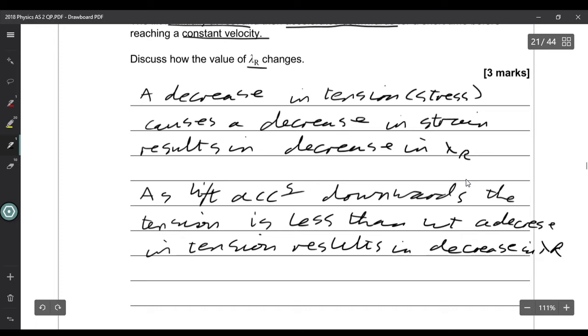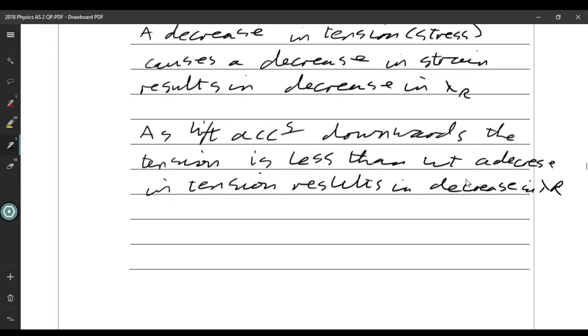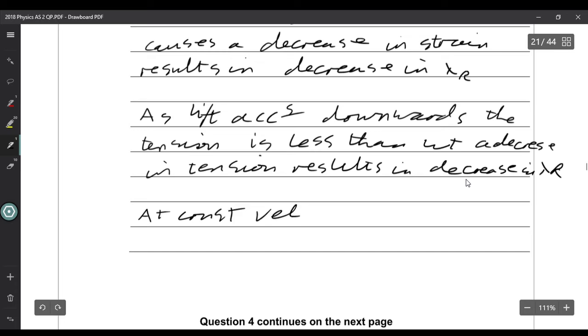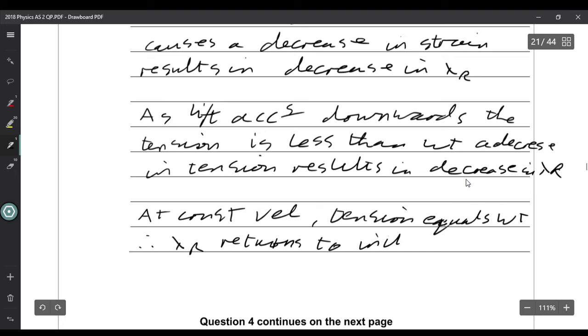But then it reaches constant velocity, the tension equals the weight. Therefore, lambda r returns to its initial value at rest.